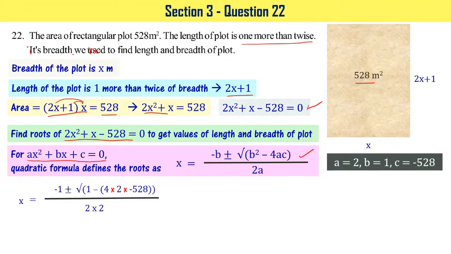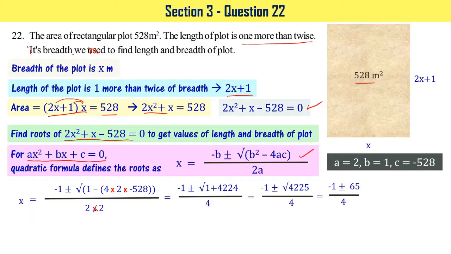When you substitute and simplify, you get the answer as minus 1 plus or minus square root of 4225 divided by 4, right? You further simplify it such that square root of 4225 is written as 65. So you now have minus 1 plus or minus 65 divided by 4.